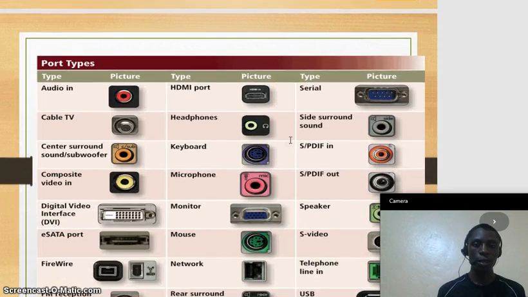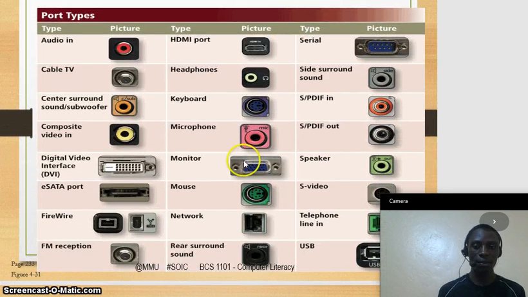There are different types of ports on our computers. When we come back from the break, we are going to discuss the types of ports found on given computers. So look at them carefully, all these are found on a computer.